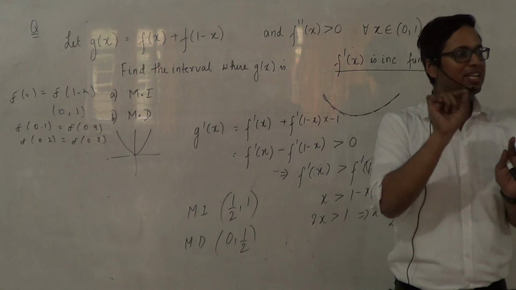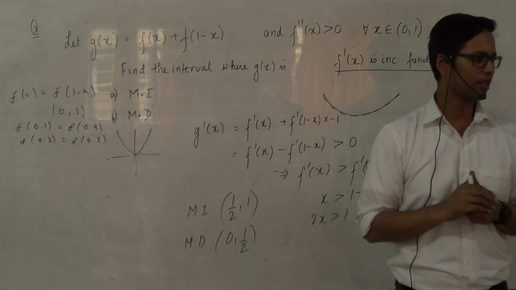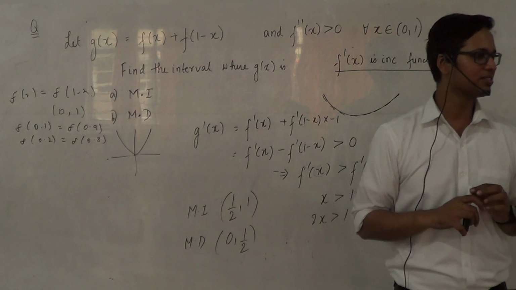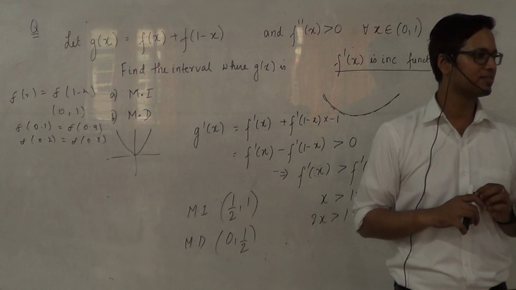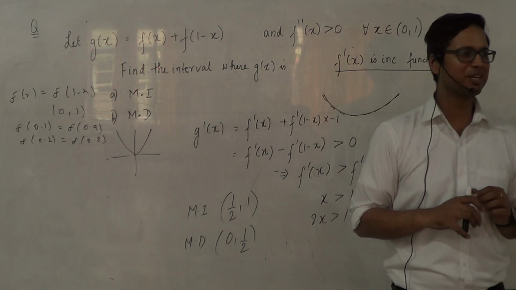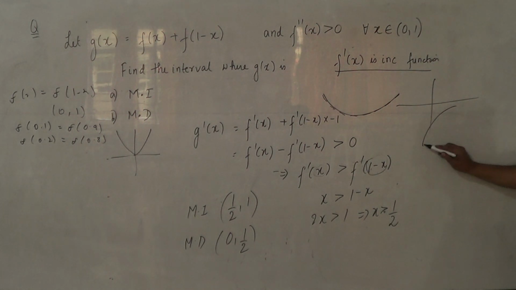Here I am saying f dash x is a function which is increasing. I never said f dash x is greater than zero. Getting the point? For example, if I make a parabola like this, it is negative, but still it is increasing. I'm not talking about f of x.